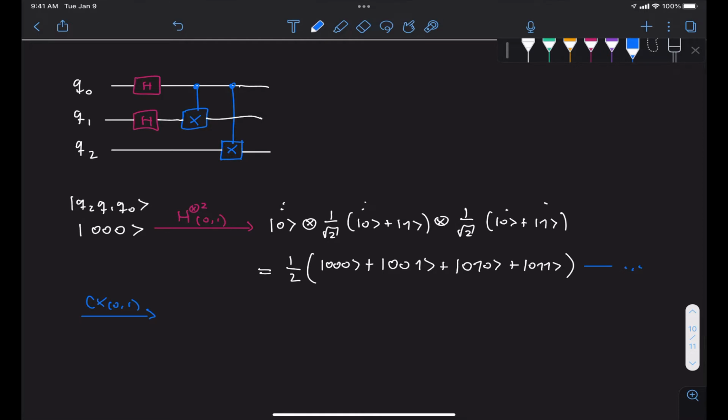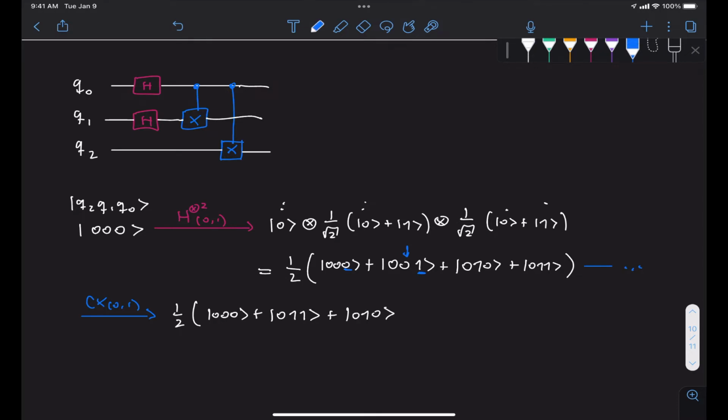So here we have this 1 half of 0, 0, 0, because qubit 0 is 0, plus 0, 1, 1, because here qubit 0 was in state 1, so we gotta flip qubit 1, plus state 0, 1, 0.